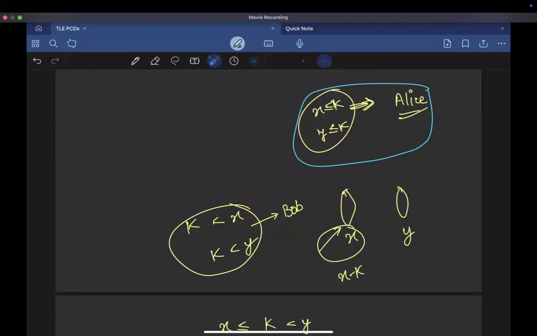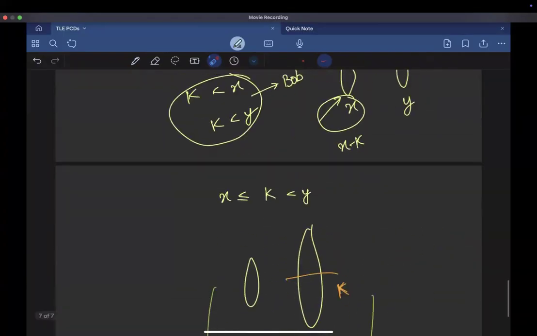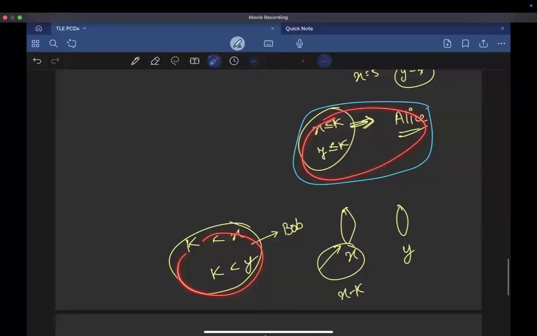So Alice will lose for sure. You know one thing for sure. If Alice can take down the larger pile, she will win. But if she fails to take the larger pile and Bob gets a move and he can take out the larger pile, then Alice will lose. Right. So for these two cases, the answer was pretty straightforward.